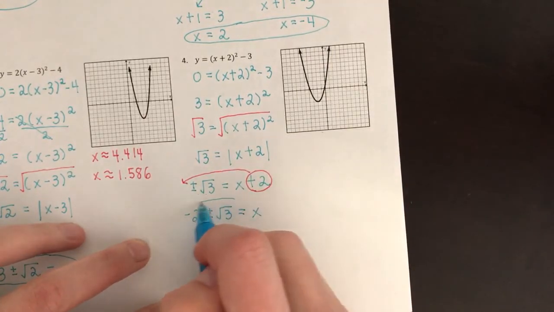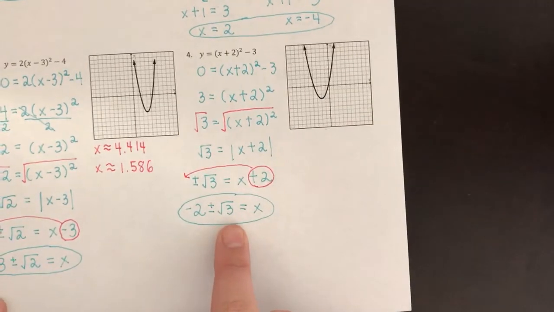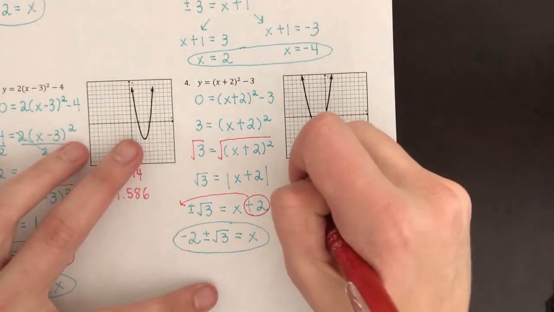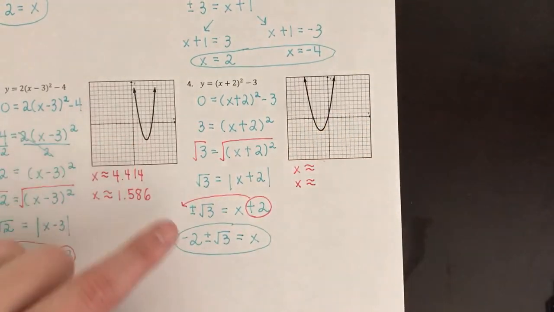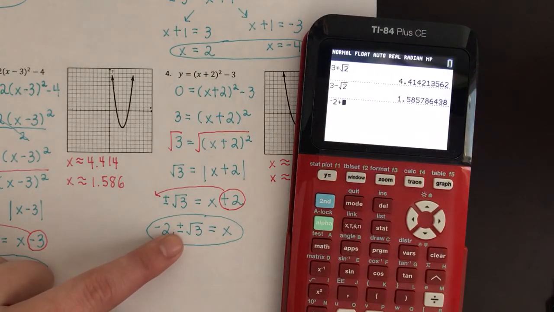So this is a perfect final answer right here. It's a perfect final answer, but I do need those decimal approximations so we can check with our graph. So what is x approximately? Negative 2 plus square root of 3, and since I'm here, negative 2 minus square root of 3.